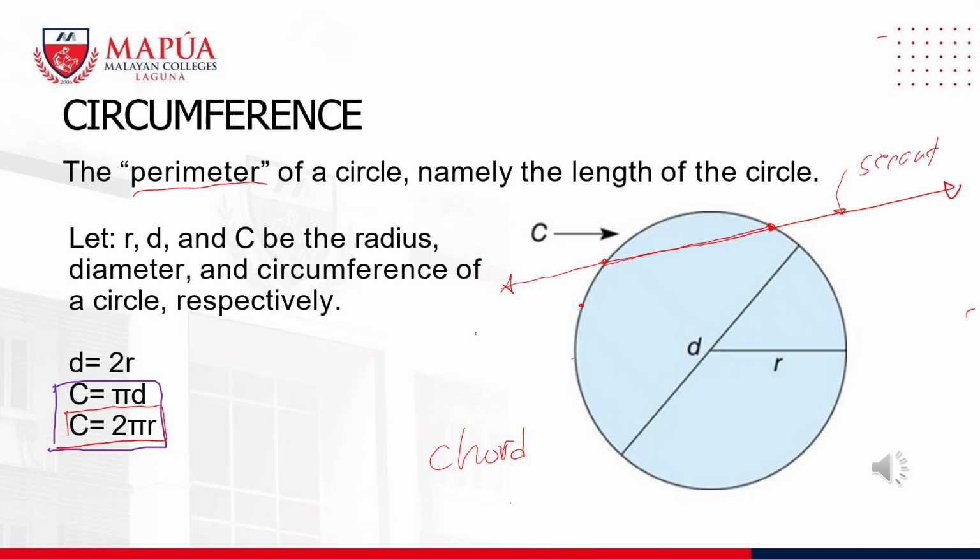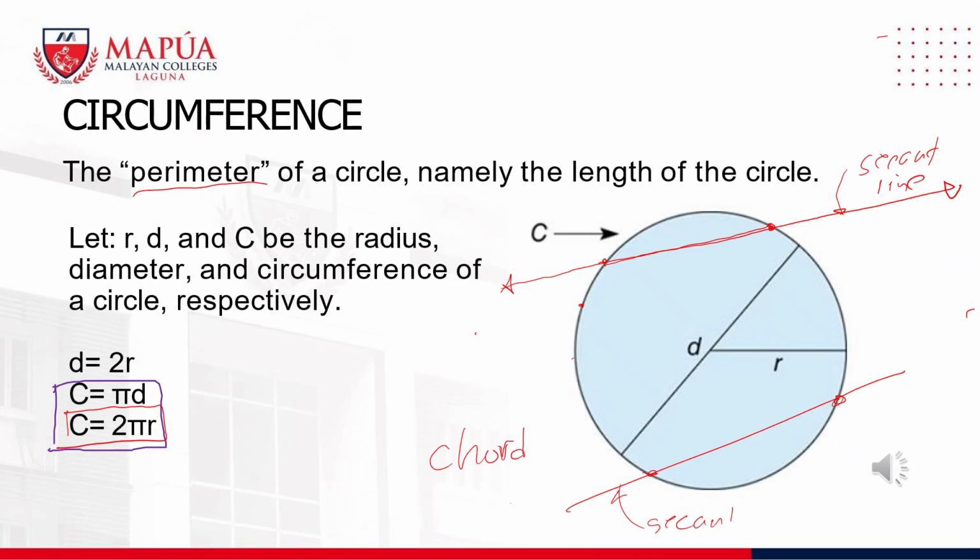So the definition of secant line, class, is that it's a line intersecting 2 points in the circle. If a line intersects 2 points in a circle, or whatever circular figure, that line is called secant line. So it means this is also secant line because it intersects 2 points on the circle.